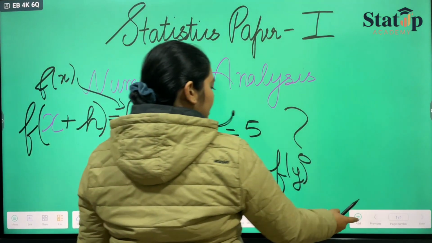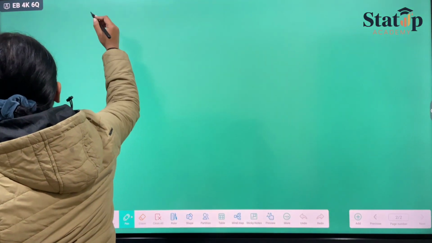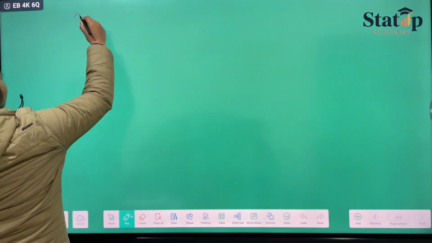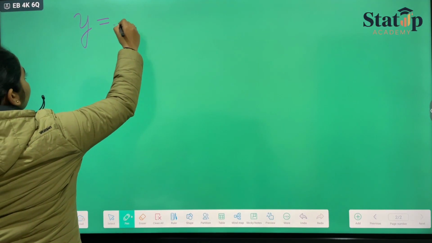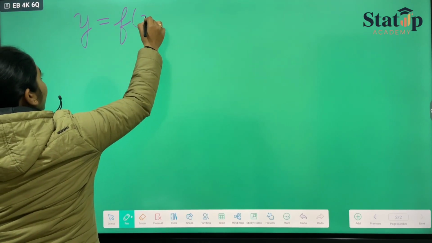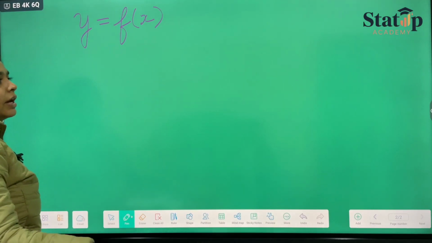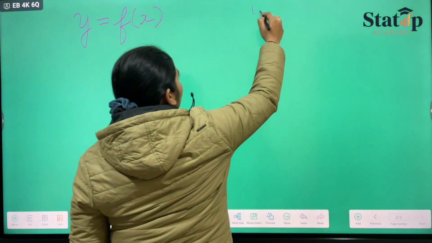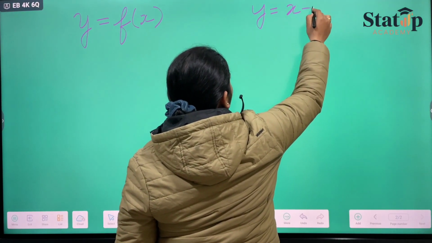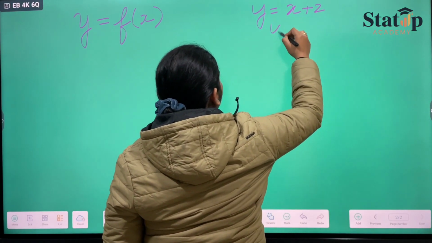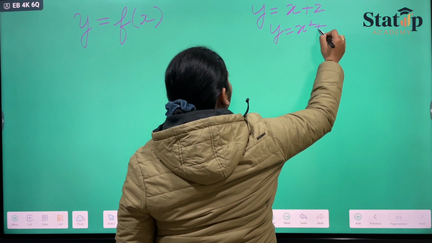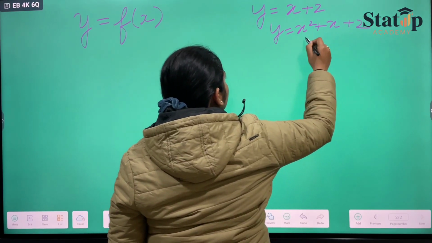Now let us take y equals fx. Let y be a function of x. We can also take this as an equation of x, like y equals x square plus x plus 2, something like this.